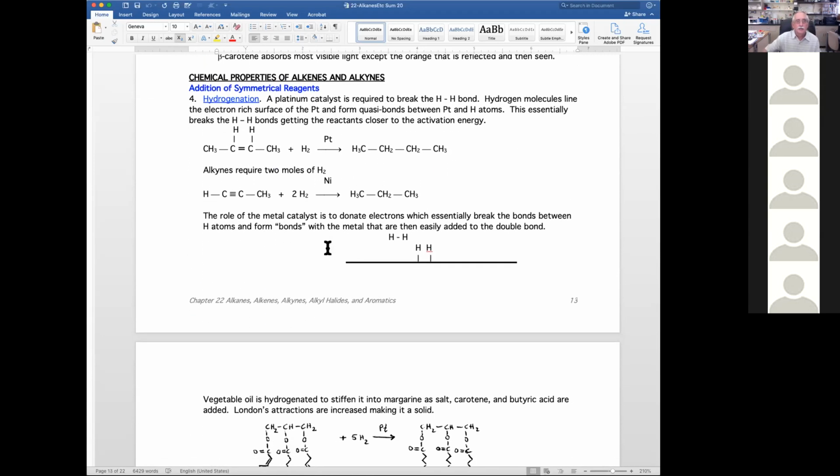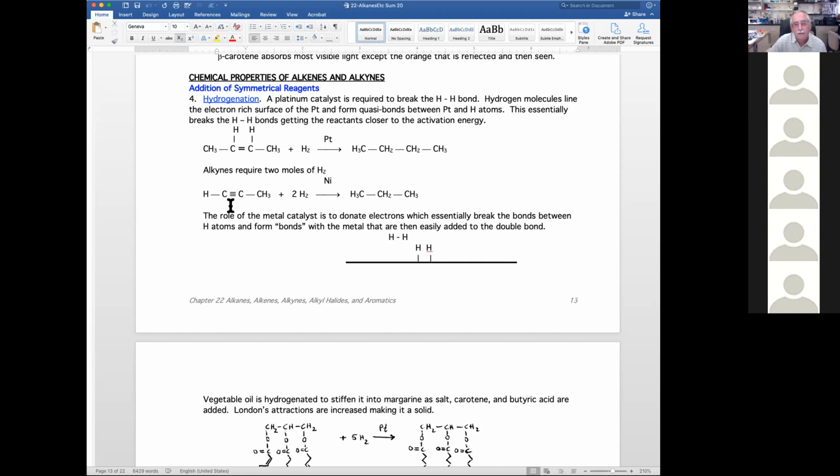So the first one is hydrogenation. So what we're going to do is go from an unsaturated bond to a saturated bond. So one hydrogen goes here and the other hydrogen goes there. Alkynes are going to require 4 equivalents of hydrogen. So it has to go one here, one here, one here, and one here.